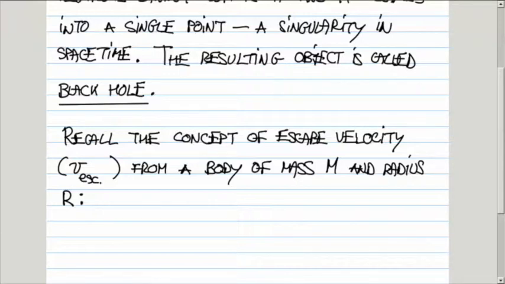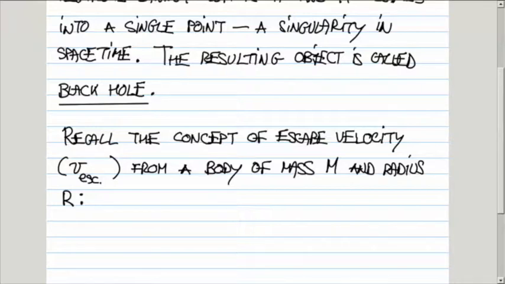If I toss it up with a greater initial speed, it would climb a higher distance, but eventually it will stop and come down. And the escape velocity, by definition, is the velocity with which I have to project this so that it never returns. Basically, its speed stops when it is at infinite distance from us.